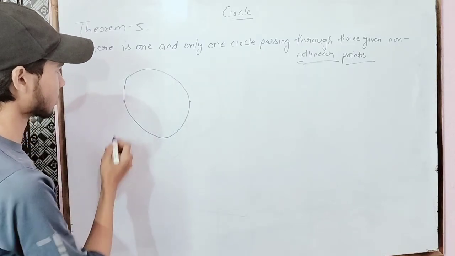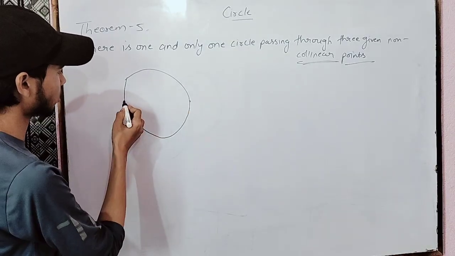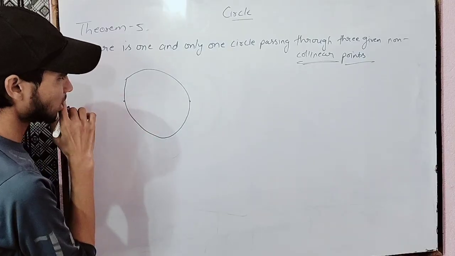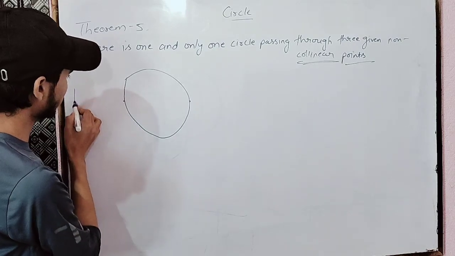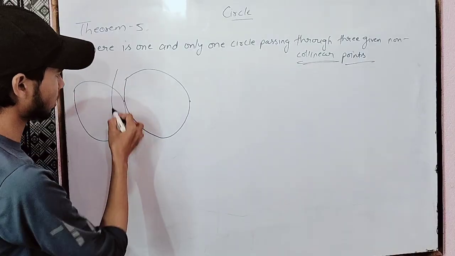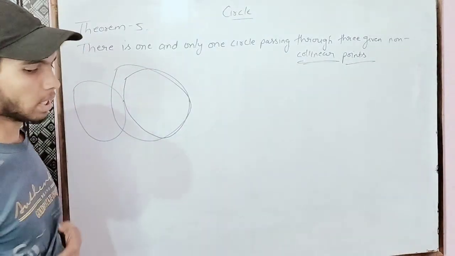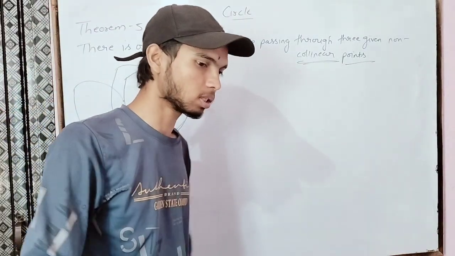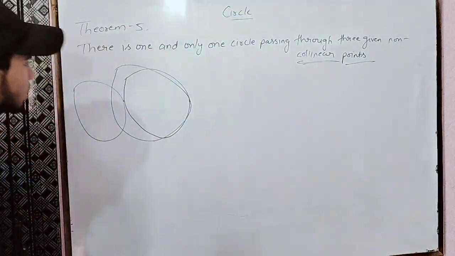What else? Nothing but only one. There is only one circle which is passing through 2 points.